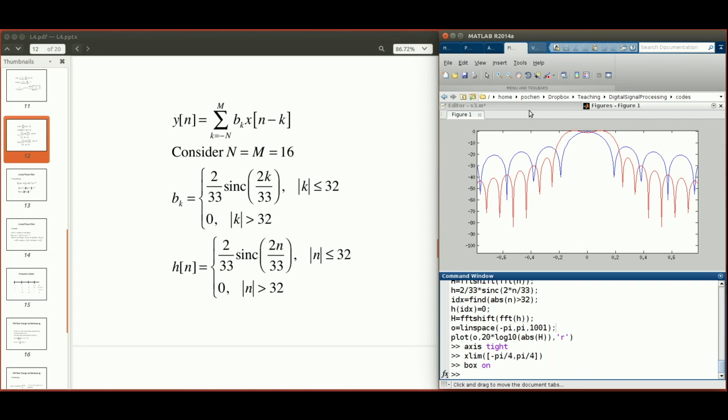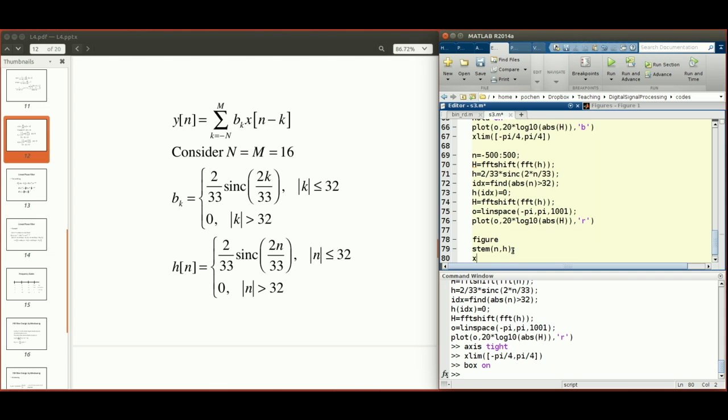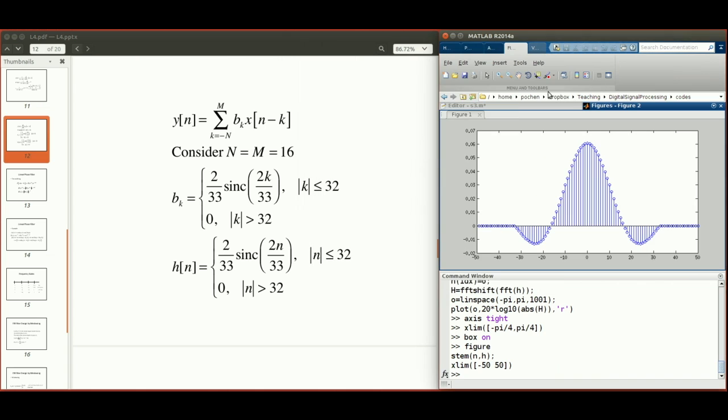So if I want to make a plot of time domain h, suppose I generate another figure, and then do a stem of h, and then I'll just do an xlim, say minus 50 to positive 50. That's the time domain impulse response of that low-pass filter. In the center part, within the minus 32 to positive 32 range, it's still a sinc function.